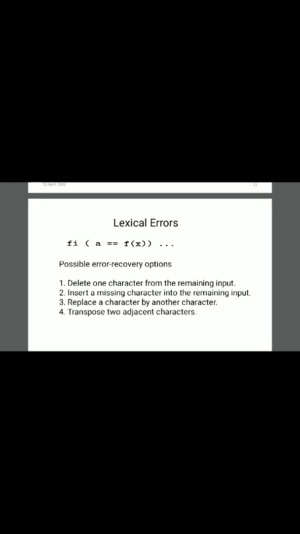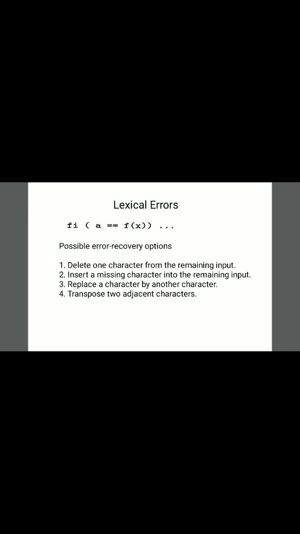The simplest strategy that you can use is panic mode recovery. Whenever your lexical analyzer is unable to classify the lexeme into a respective token, it can apply some possible error recovery options.